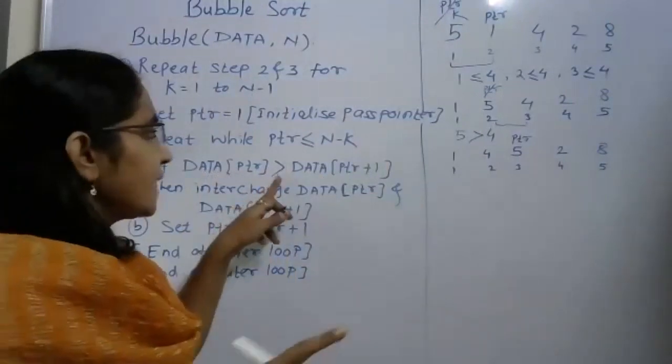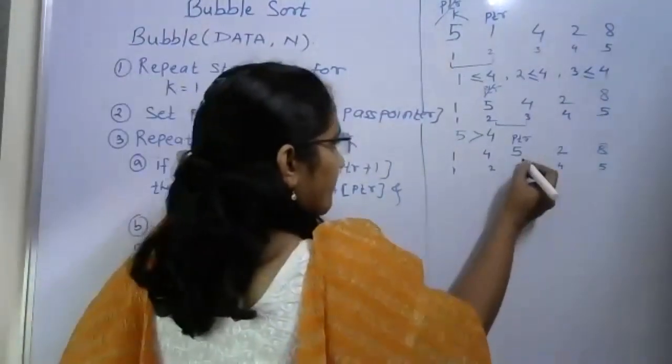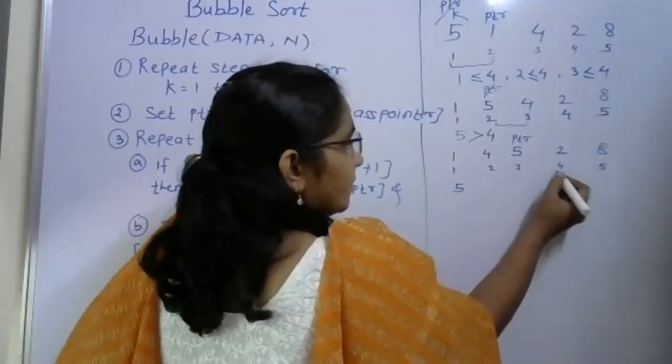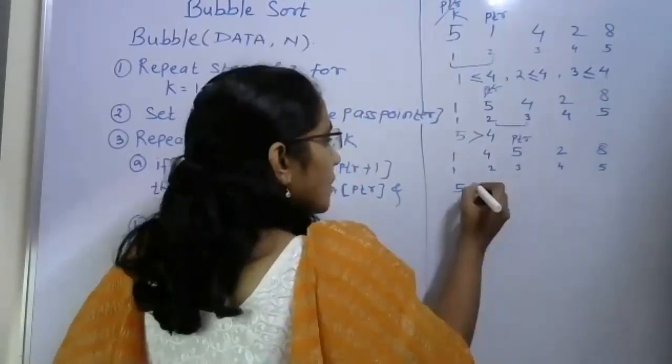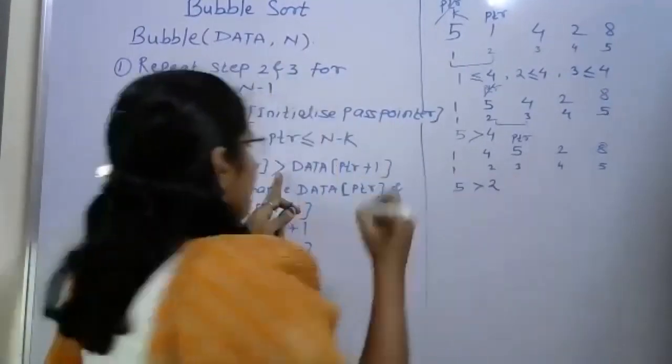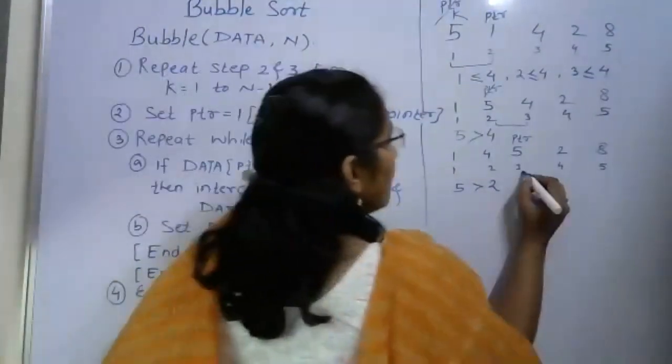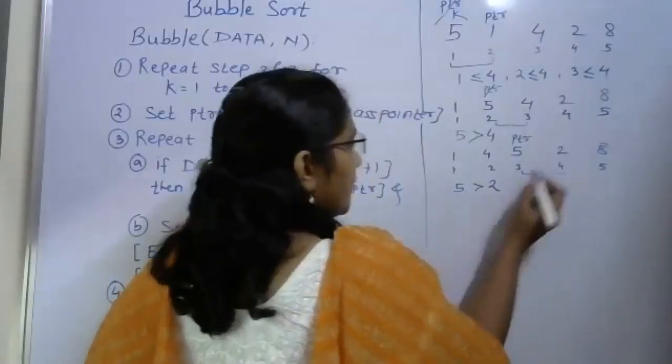Data of PTR is greater than data of PTR plus 1. Data of PTR is 5. PTR plus 1, 3 plus 1, that is equal to 4. 5 is greater than 2. Yes, the condition is true. If the condition is true, then you have to exchange both values, 5 and 2.